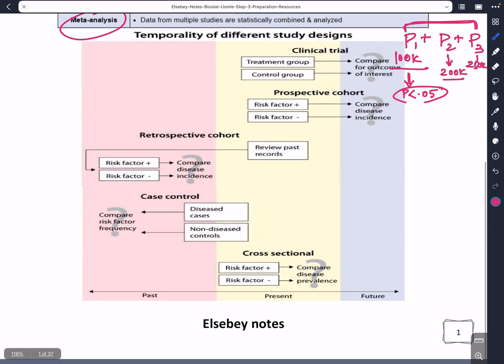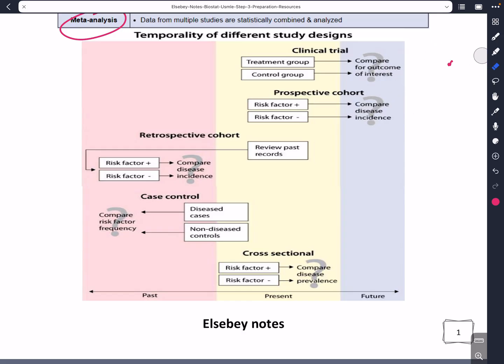So, coming to the next topic, temporality of different study designs. Clinical trial is when you take a treatment group and a control group, and you are comparing these two groups, treatment and control, for an outcome of interest.